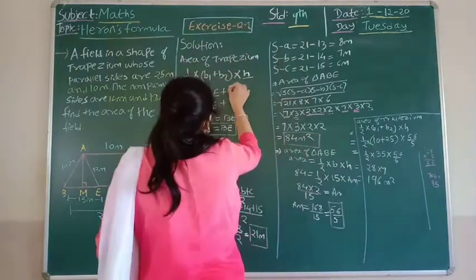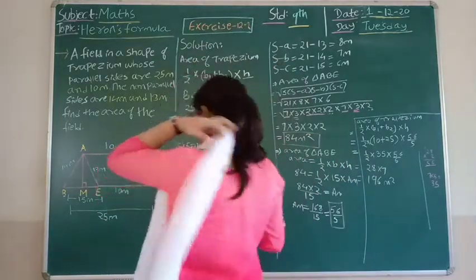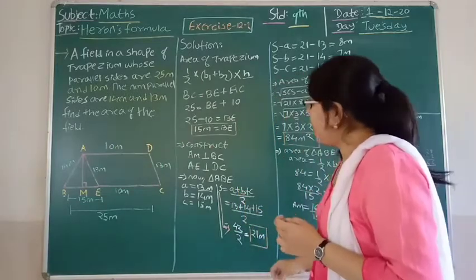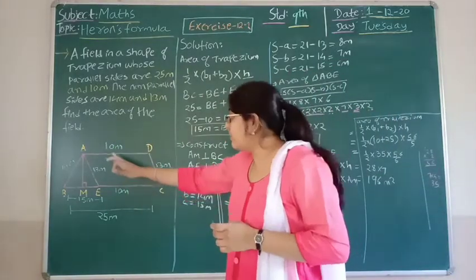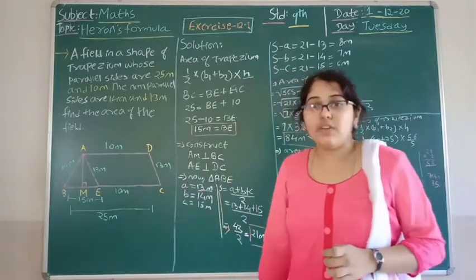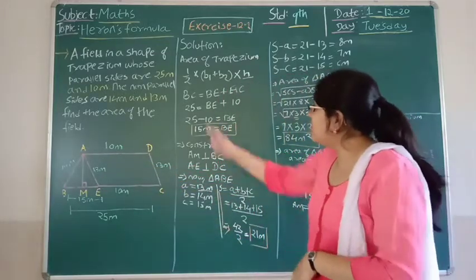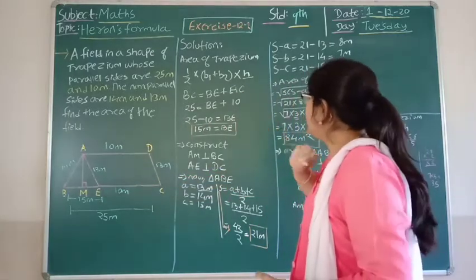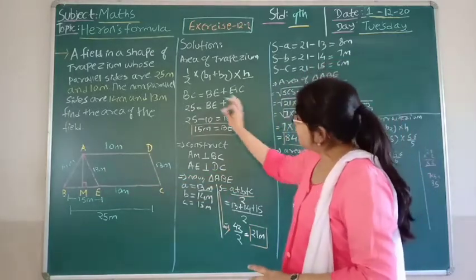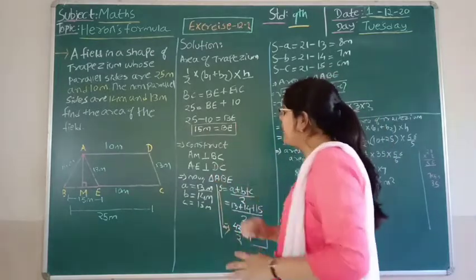When these two sides are parallel, then AD is 10, so EC will be 10. We found that BC is 25. We need to find BE, and EC is 10. After solving this, we get BE equal to 15 meter, which we have put over there.